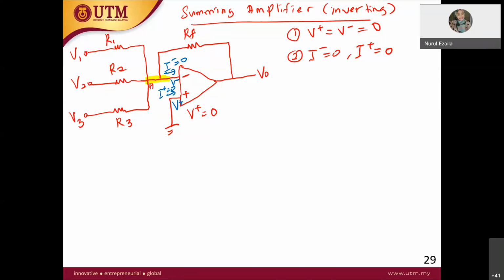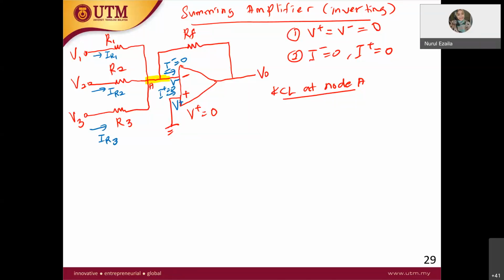KCL at node A. So you have to create the currents. You have here IR1, and then IR2, and then IR3.